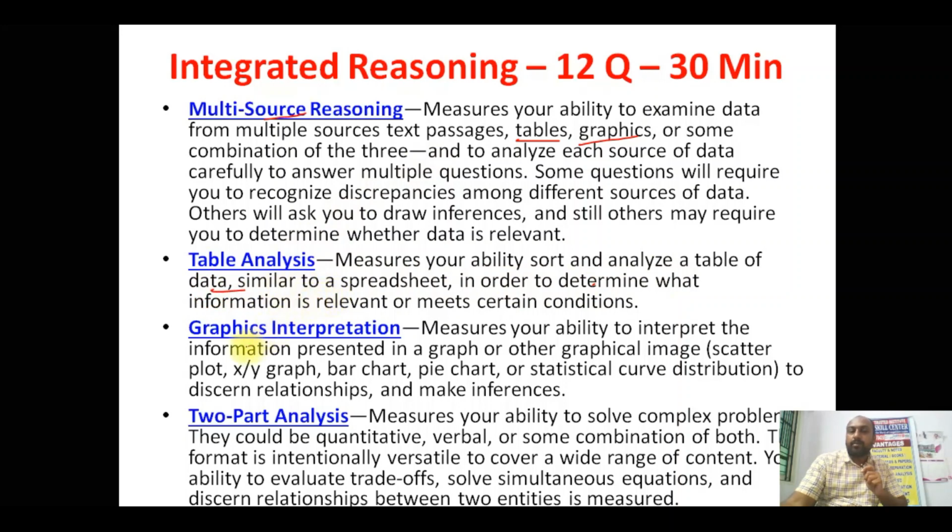Graphic interpretation measures your ability to interpret information presented in a graph or other graphical images. And two-part analysis measures your ability to solve complex problems. They could be quantitative or verbal or some combination of both. This is two-part analysis. It is a little bit complicated, but still you can do it if you have good knowledge of it.